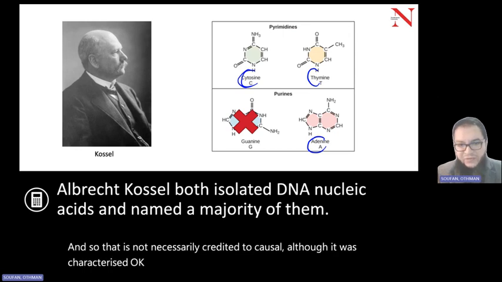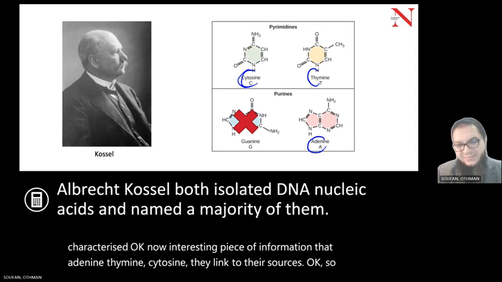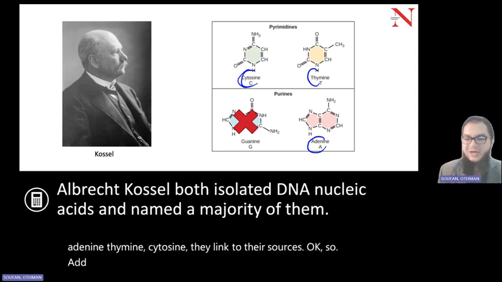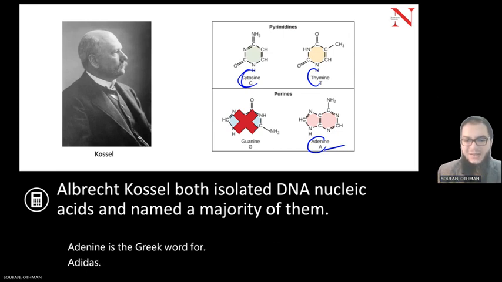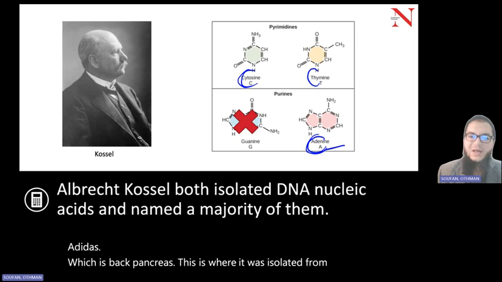Now, an interesting piece of information is that adenine, thymine, cytosine link to their sources, okay? Adenine comes from the Greek word adenos, which is the pancreas. This is where it was isolated from first.